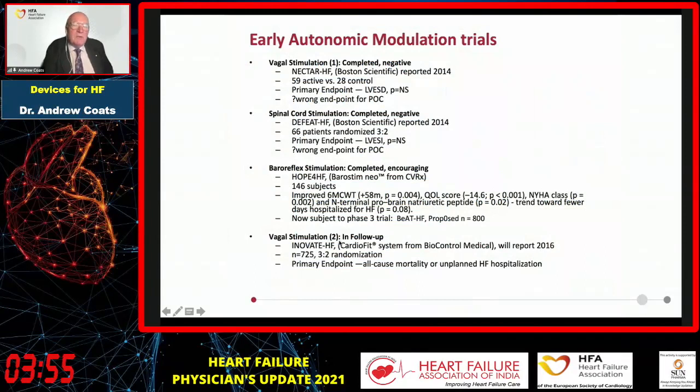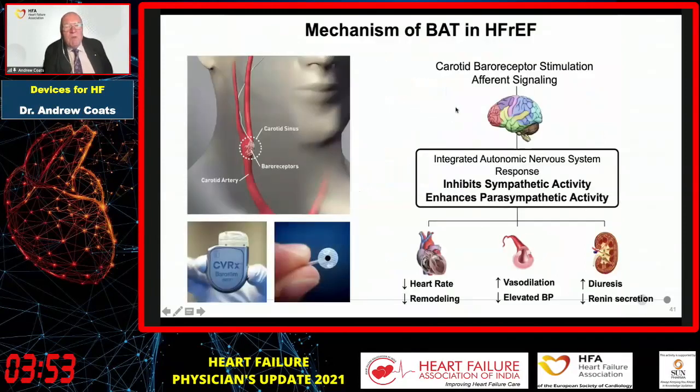None of these were definitive, but the one with the most exciting results to date is baroreflex activation therapy, the CVRX device called CardioStim, and that is designed to stimulate the carotid sinus, activates the baroreflexes, and leads to reflex withdrawal of sympathetic tone and augmentation of vagal tone.